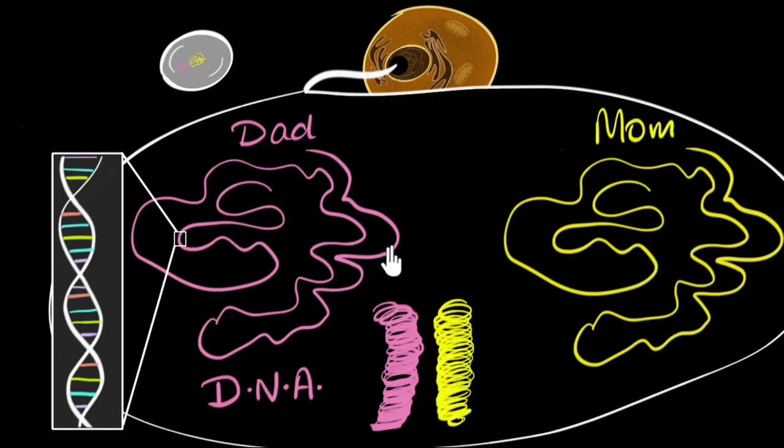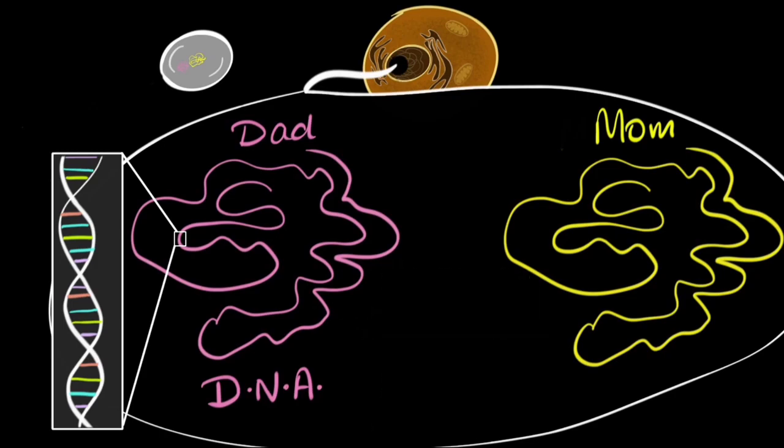But anyways, this coil of DNA is what we call chromosomes. Chromosomes. Okay? So chromosomes are, think of them as basically coiled up versions of the DNA. And this is why most of the time we use the word chromosomes and DNA interchangeably. Okay? Anyways, now let's talk about genes.